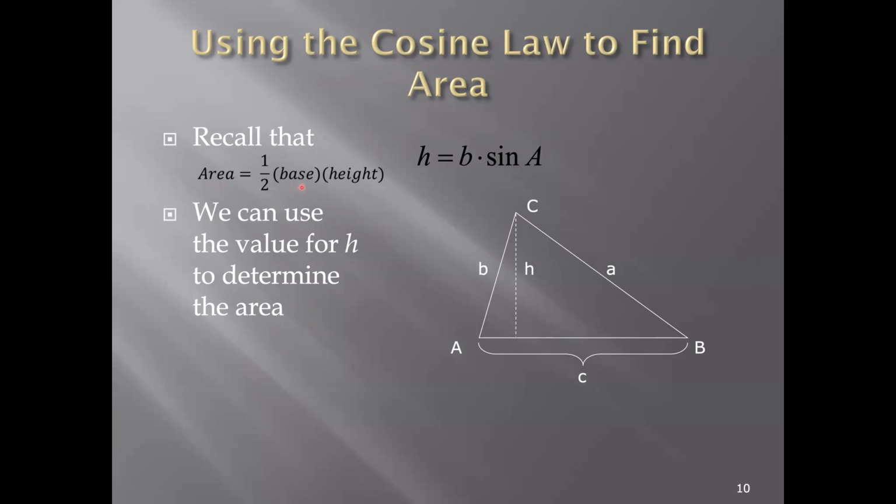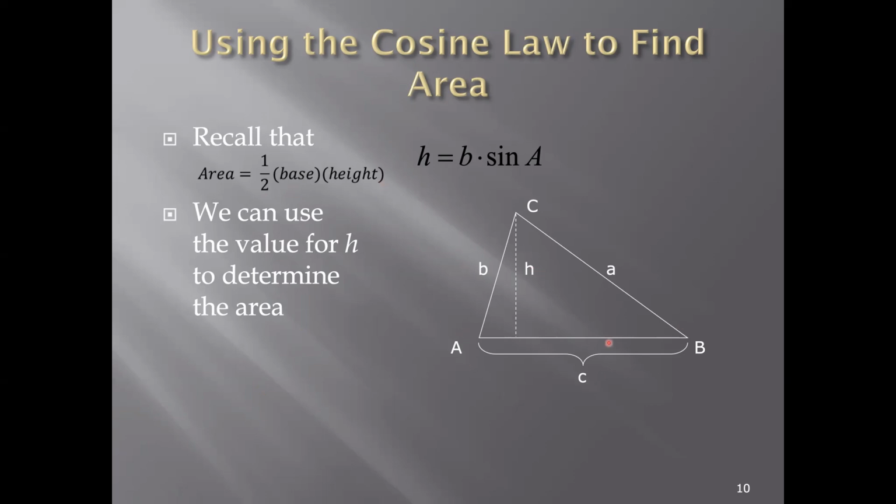You can usually find it below the triangle. And then the height is the perpendicular distance from the base. So if you know already the base and the height, you will just use this formula, 1 half times the base times the height. But in some cases, you will not be given the base and the height. Therefore, we can use the law of cosine to find the area of the given triangle.